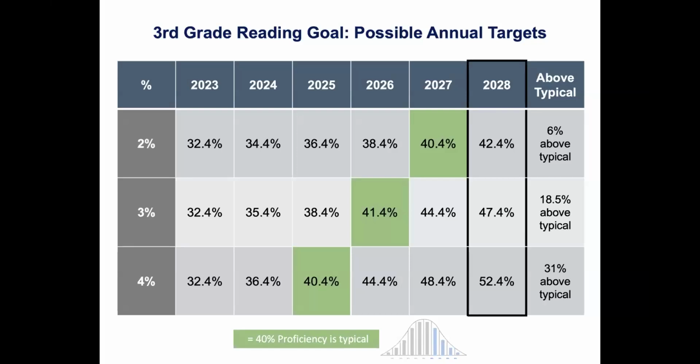So I got to 14%, so that would get us to 46.4%, which is just a hair less than 3%. And again, if I did my math right, it'd be 16% above typical growth, which would be cause for fireworks and celebrations, right? But I think ASD has historically been capable of moving students.